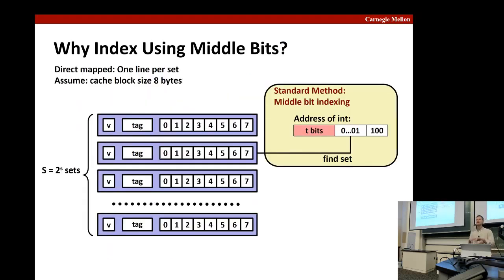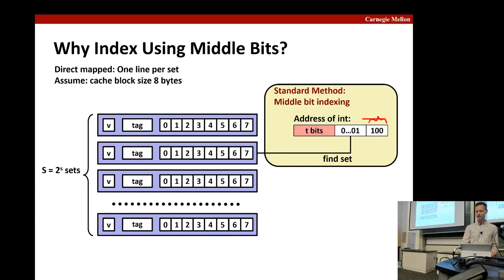All right, so I said that these lookups are done based on the different bit combinations in the address. Having the lowest order bits be for the placement inside the cache line makes perfect sense, right?